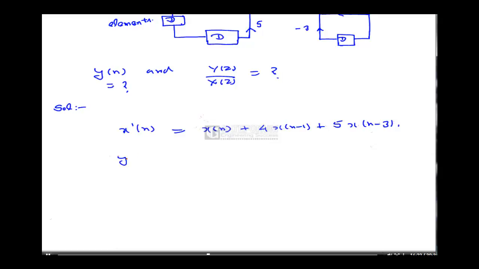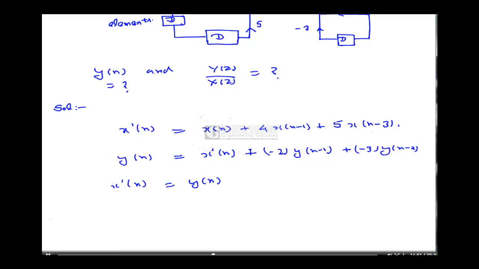Now I can write y[n] in terms of x'[n]. It will be x'[n] plus minus 2 y[n minus 1] plus minus 3 y[n minus 2]. So this x'[n] will be y[n] plus 2 y[n minus 1] plus 3 y[n minus 2].